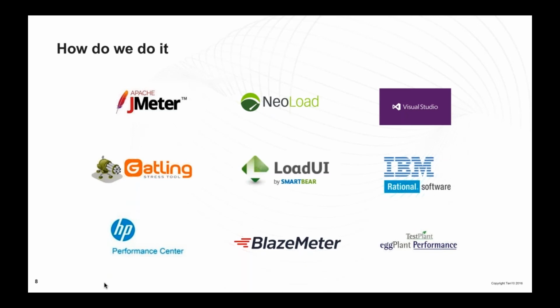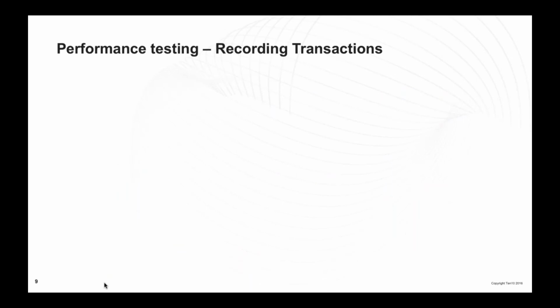Let's consider what we need to do step by step then. The first step is we need to record the transaction or user journey that we're interested in. So let's go back to login a second. In practice, you record the transaction that you're interested in by configuring the tool to capture the underlying traffic going backwards and forwards in response to that interaction.